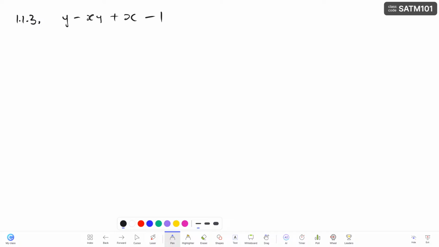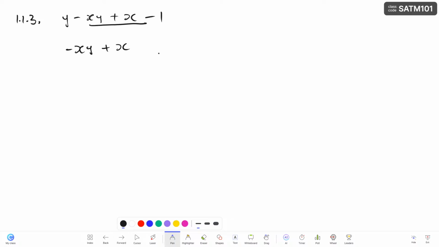For this one, the first thing that you need to do is to arrange the terms that have a common factor. So let's arrange this one on one side. I'm going to write it like this: negative x, y plus x.